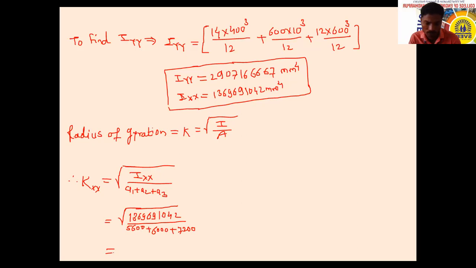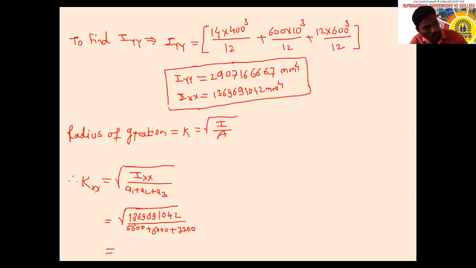My Ix came different. How much did you get? 804288331.8. Ixx. Then I think you have to check the calculation.